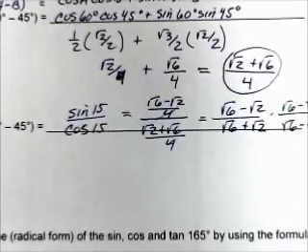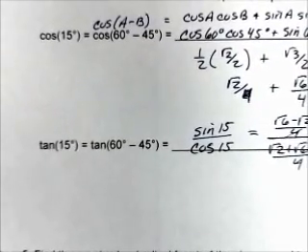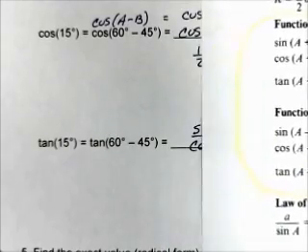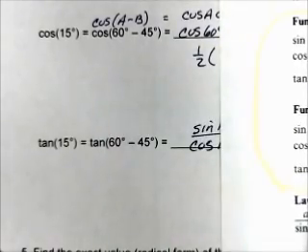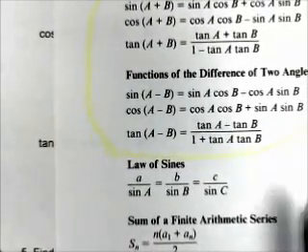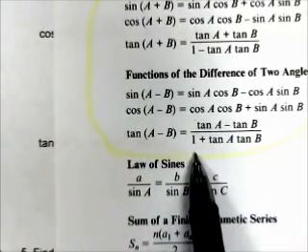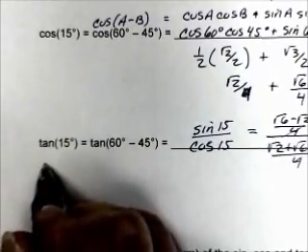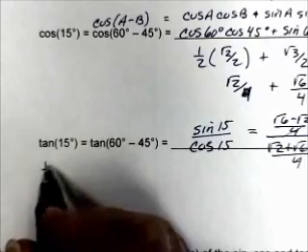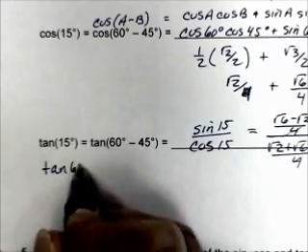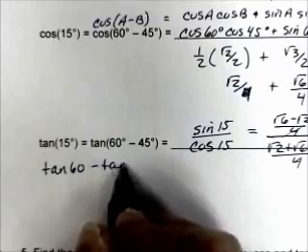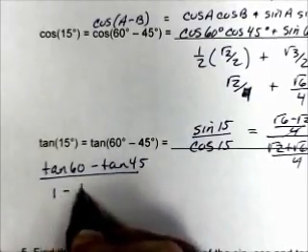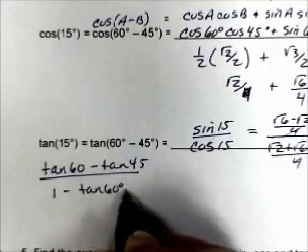Okay. Now, the other way of doing it is to actually use the formula for tangent of A minus B. The tangent of A minus B is tan A minus tan B over 1 plus tan A times tan B. So this would be tan 60 minus tan 45 over 1 plus tan 60 times tan 45.